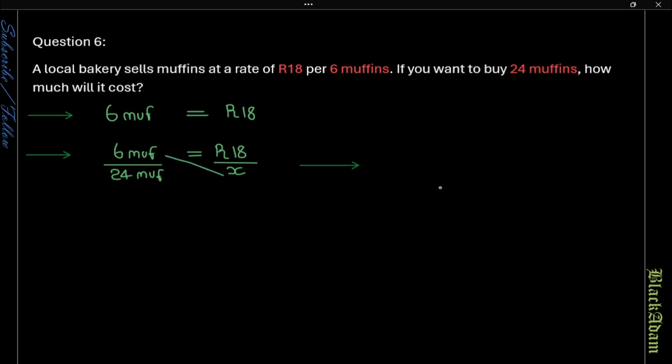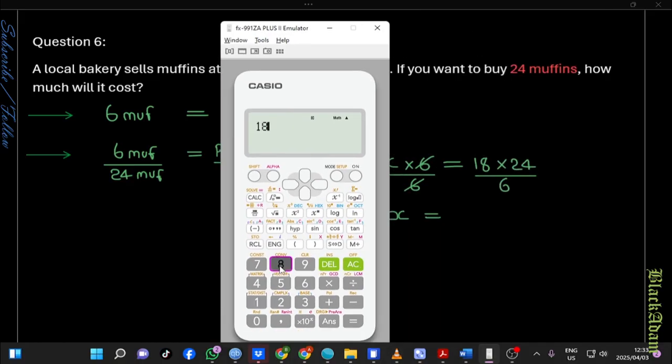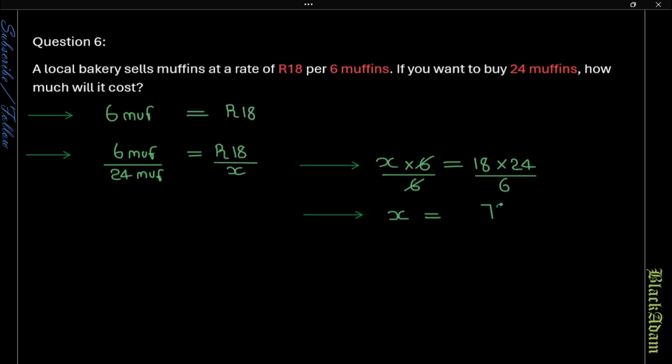Okay, so 6 is equals to 18, 24 is equals to what? So cross multiply 6 times x, and then 18 times 24, and then divide by 6 both sides, and that means 18 times 24 divided by 6. Our answer is 72. So that will be 72 rand for 24 muffins.